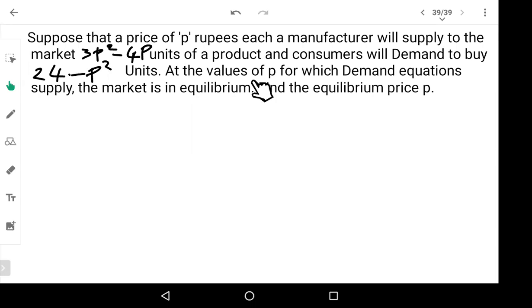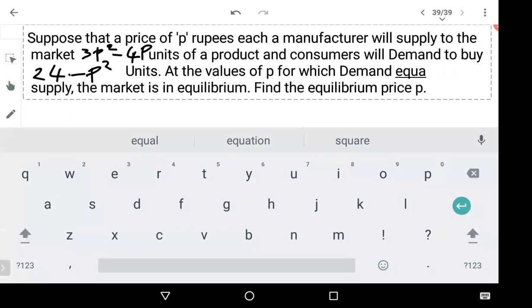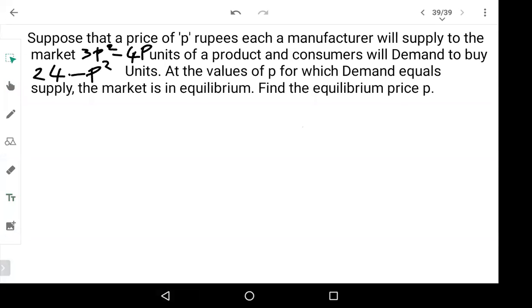At the values of P for which demand equals supply, the market is in equilibrium.